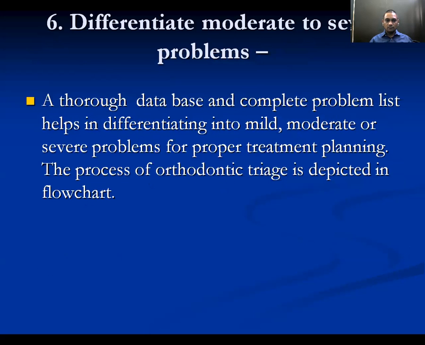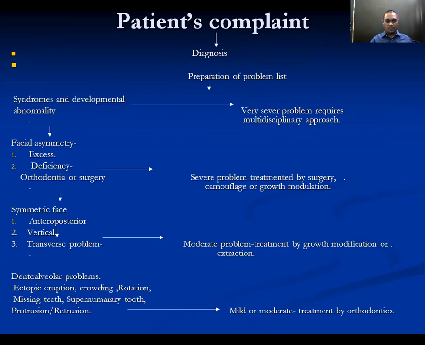Now, how to differentiate moderate to severe problems? A thorough database and complete problem list helps in differentiating into mild, moderate, or severe problems for proper treatment planning. Every patient has to be categorized into mild, moderate, and severe cases, depending upon the severity of the malocclusion. So, what is mild, moderate, and severe?